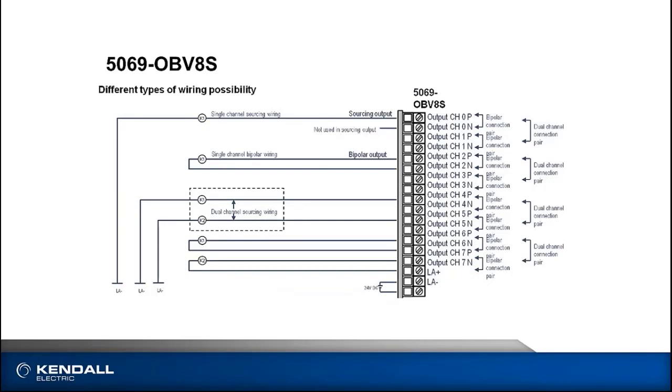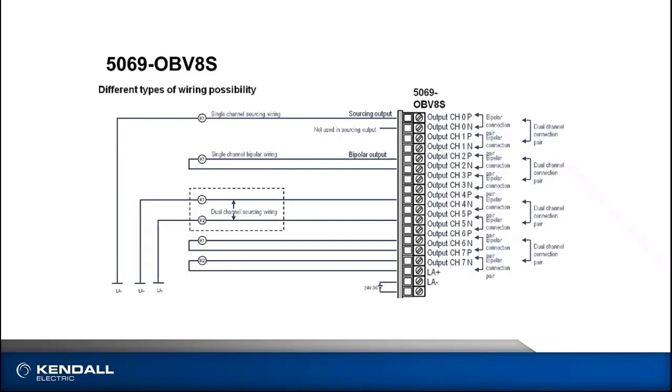Then moving further down the module to output channels 4 and 5, here's an example of dual channel sourcing wiring. So channel 4 and channel 5 are sourcing out to the K1 and K2 contactors. And then notice at the bottom there, channel 6 and channel 7 are two examples of, again, bipolar, where the P terminal switches the 24-volt side and the N terminal switches the common side.